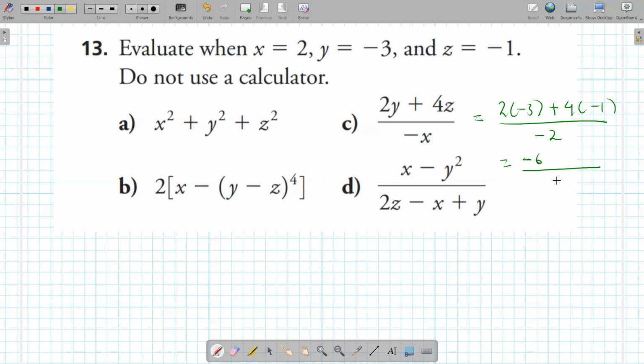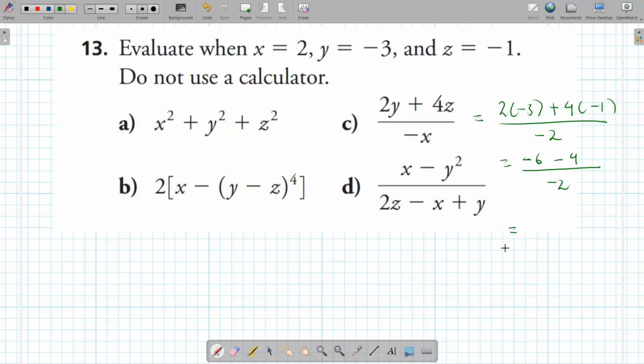Yep. And then 4 times negative 1, yeah, 4z. Oh, okay. So we have negative 6 minus 4.